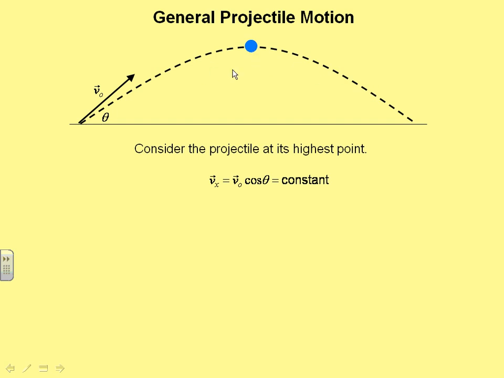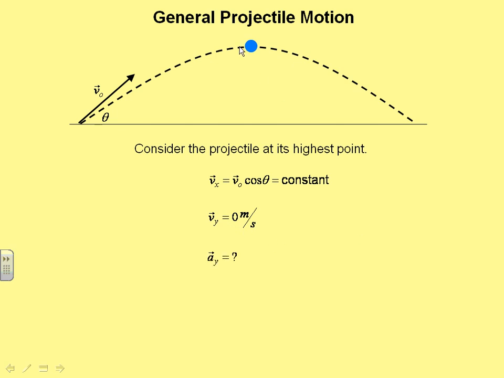The velocity anywhere is Vo cosine theta because it's constant. On the other hand, the vertical velocity is a little trickier. Notice that vertically it's going upward till it gets to the highest point, and then it's going downward afterwards. So in other words, it's changing velocity at the highest point, and therefore its instantaneous vertical velocity is 0. Now it doesn't stay 0, otherwise it wouldn't come back down and it would get stuck, right? But it's 0 instantaneously.